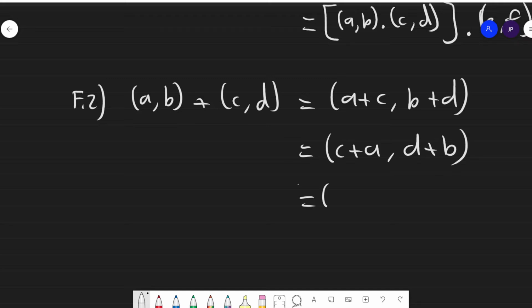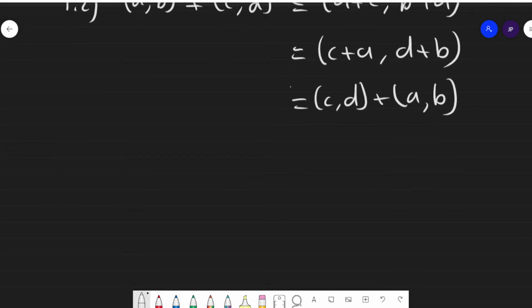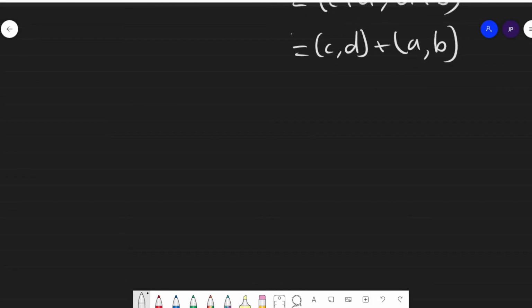And that will give me C plus A, D plus B. And so, very easily, that actually commutes.